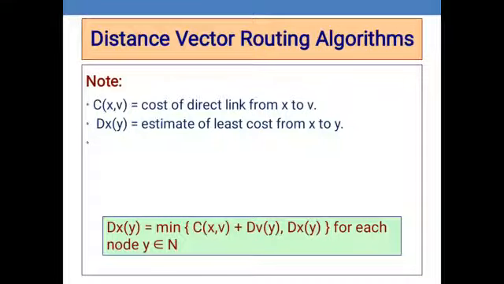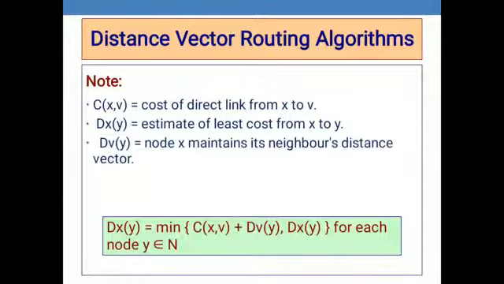That is called the distance vector. Now from the direct link cost and the distance vector, we need to find the minimum value. That complete equation is called the distance vector equation, and it is given by Bellman-Ford.